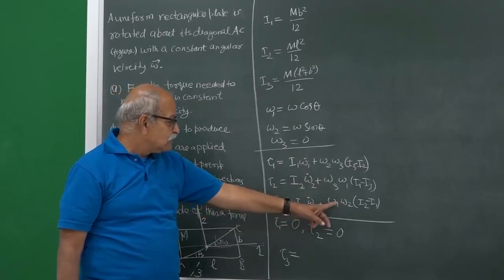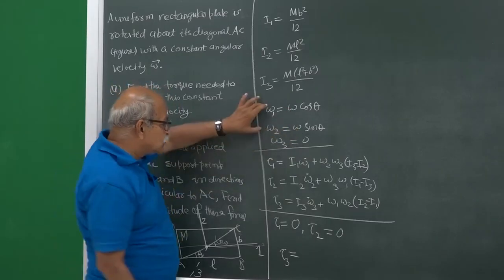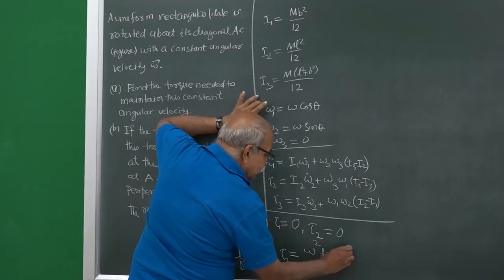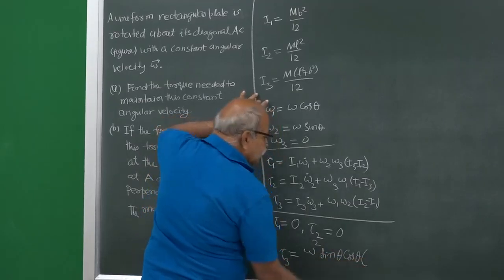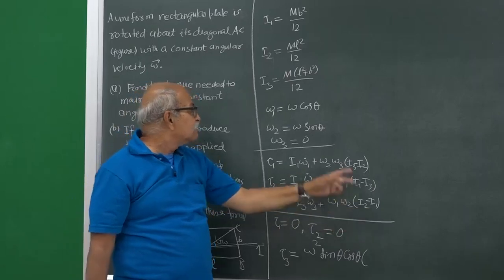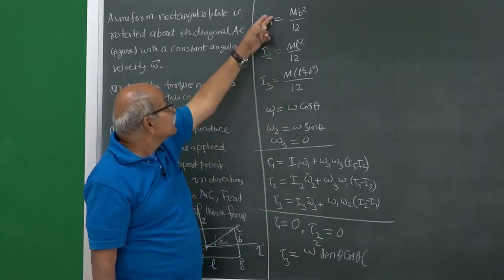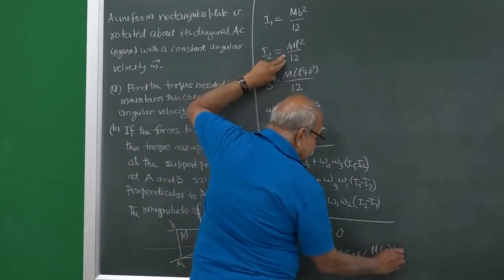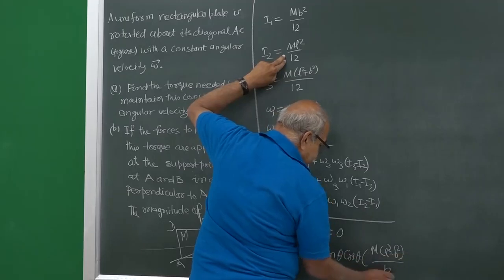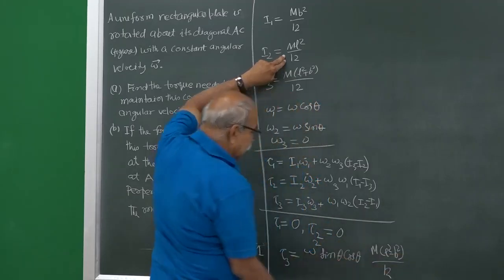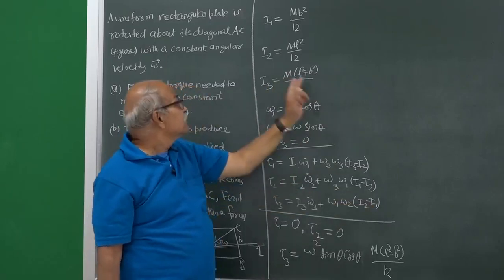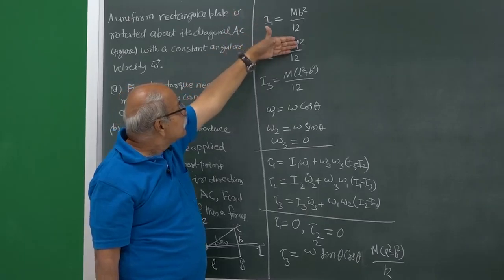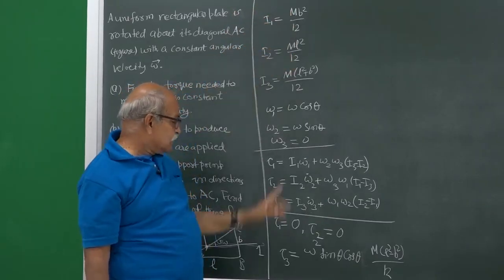Here it is omega 1 into omega 2, which is omega square sin theta cos theta, and then I2 minus I1. I2 minus I1 is m (L square minus b square) divided by 12. This is the torque.